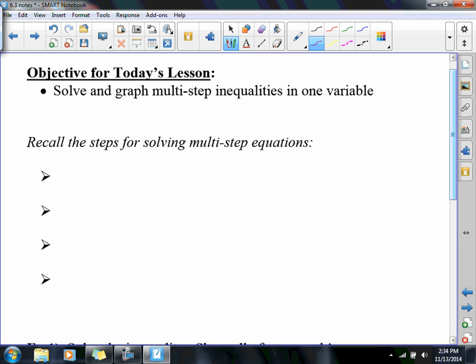Now remember, when you solve multi-step equations, the very first thing that you have to do is either distribute, and that's if you have a number outside of the parentheses, or depending on what that number is, you might want to multiply by the reciprocal.